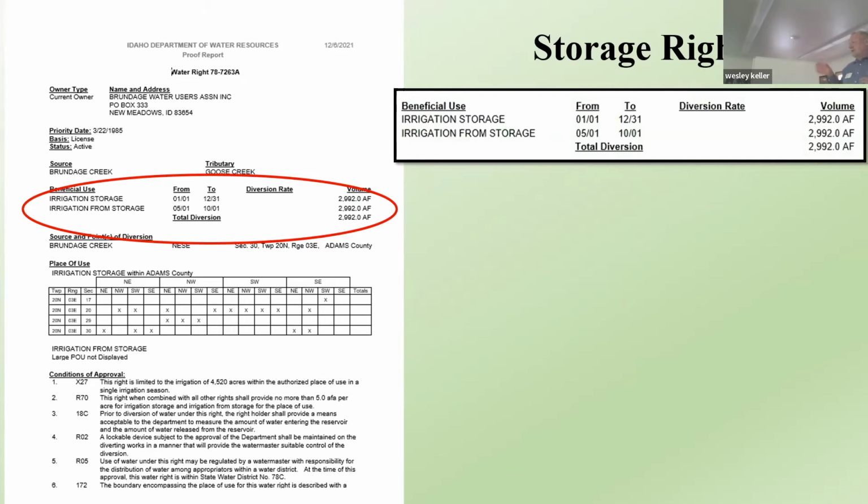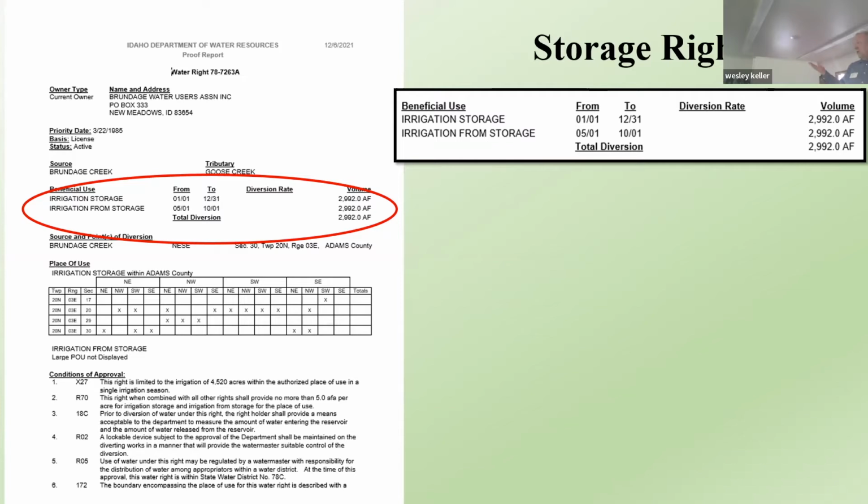So you can see this is one of the water rights associated with Brundage Reservoir. And it authorizes in a given year 2,992 acre feet of irrigation storage. So that means that this water right allows for that much water to be filled into the reservoir. And then the irrigation from storage is also 2,992 acre feet, which means that that much is also then allowed to subsequently be released from the reservoir for use for irrigation further downstream.